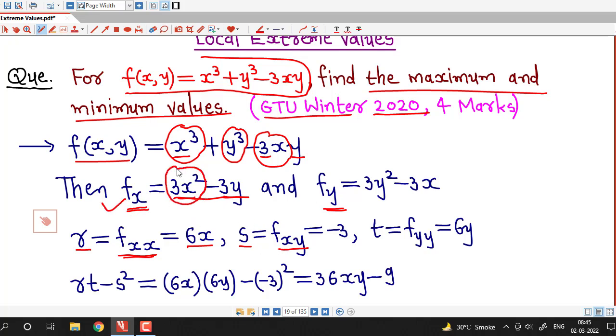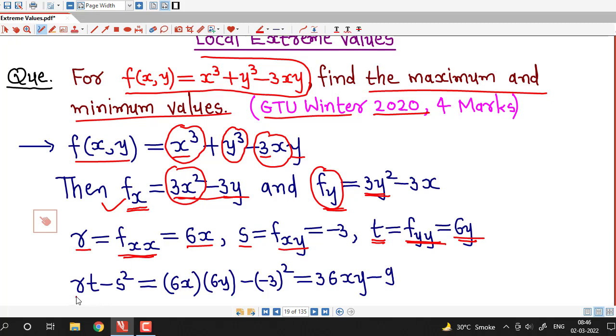So we consider this as constant, its derivative is 0, and the derivative of minus 3y is minus 3. t equal to the second order derivative with respect to y. That means we will differentiate this fy with respect to y. So here we have 3 into 2y minus 0, that is 6y.